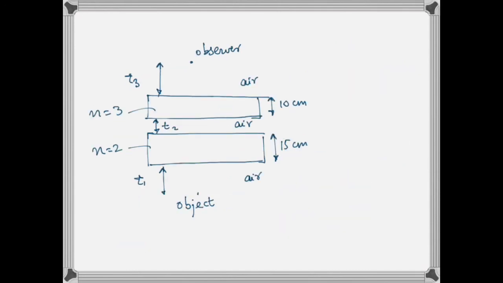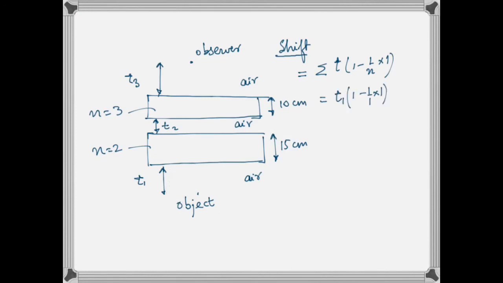Just apply that formula in this case. This is the observer, this is the object, we have to find the shift. So shift is equal to summation of t bracket 1 minus 1 by n into 1. Why 1? Because light will finally be in air.